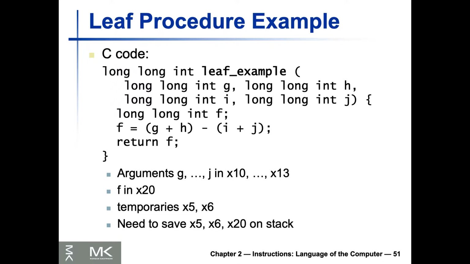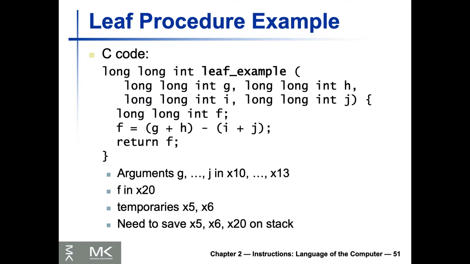So as an example, we have a C code here. So my function or my procedure is called leaf underscore example. So it's going to return a long int, okay? And it's going to get some arguments that are long int G, H, I, and J, right? So in the body of this procedure, I'm going to do the following.